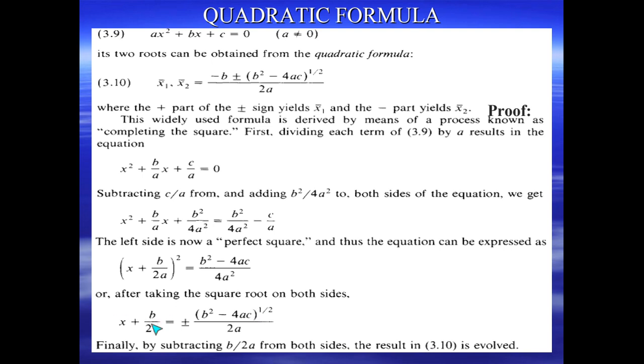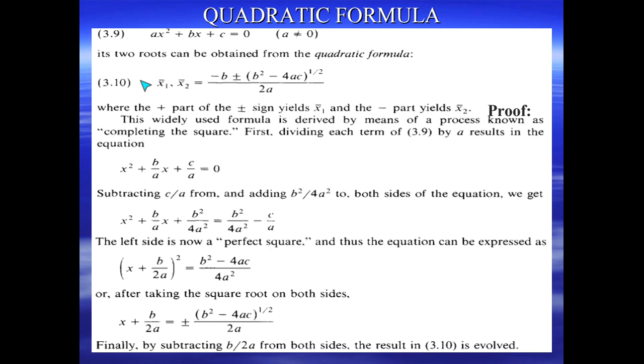But here we have b over 2a. Let's subtract b over 2a from both parts. So we obtain x equals b over 2a minus b over 2a; the b over 2a's cancel each other. We are left with x. On the other side, we have minus b over 2a plus or minus the square root of b squared minus 4ac over 2a.